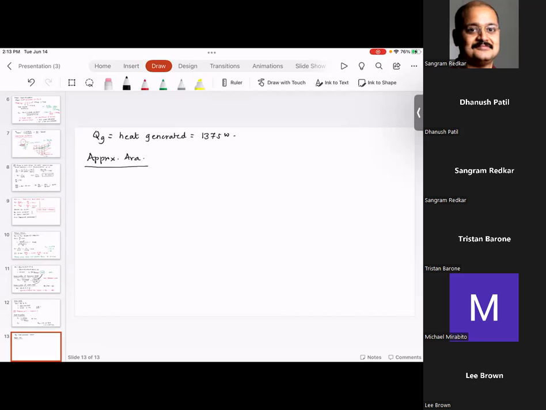You have this wheel, you have this worm, and there are different ways you can consider this area.